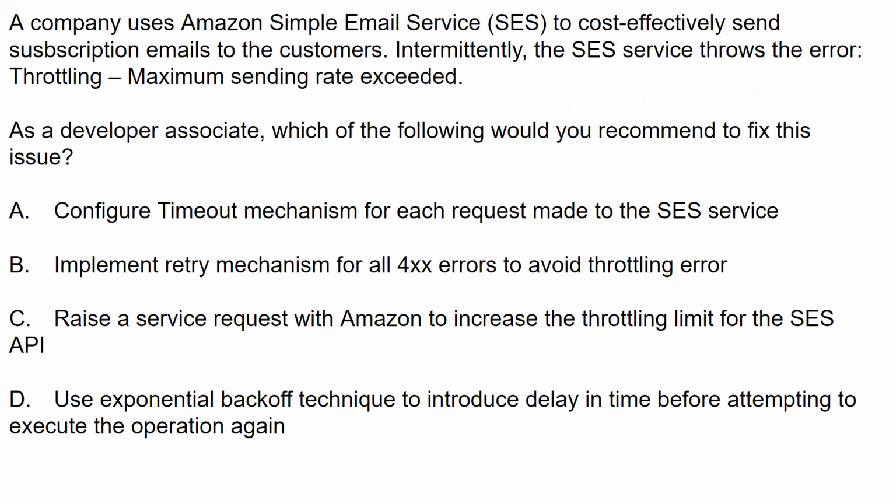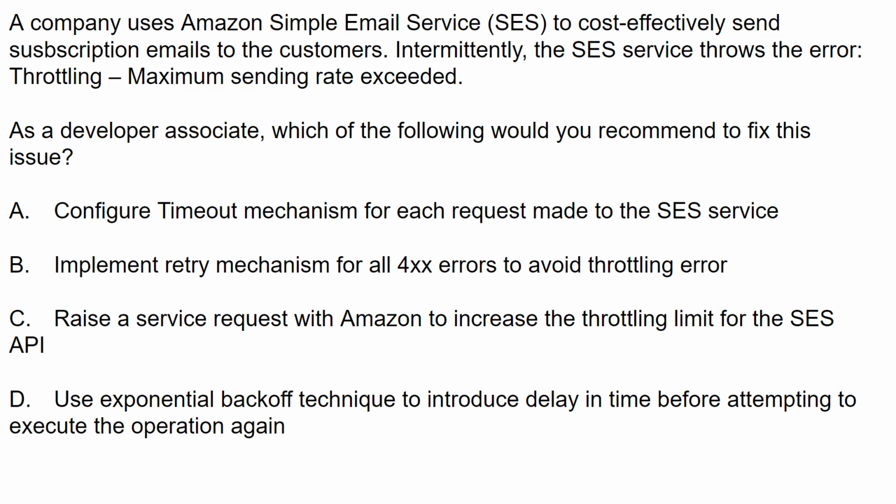Okay. A company uses SES, Simple Email Service, to cost effectively send subscription emails to the customers. Intermittently, the SES service throws the error: throttling, maximum sending rate exceeded. Which of the following would you recommend?